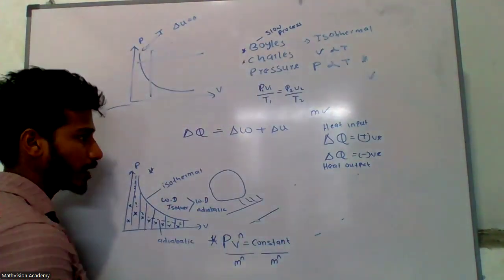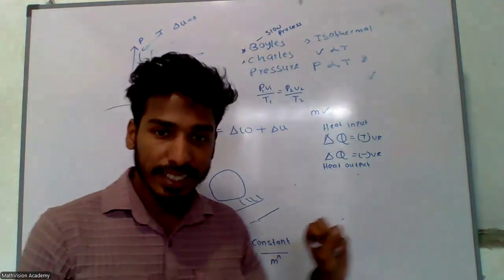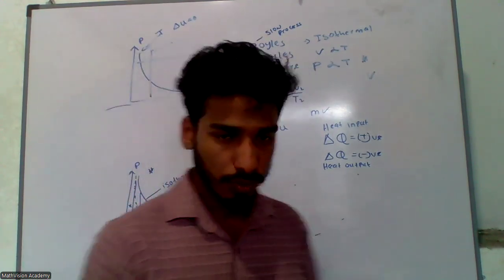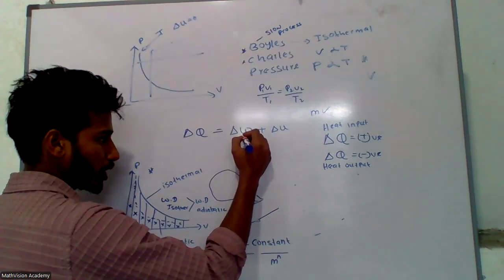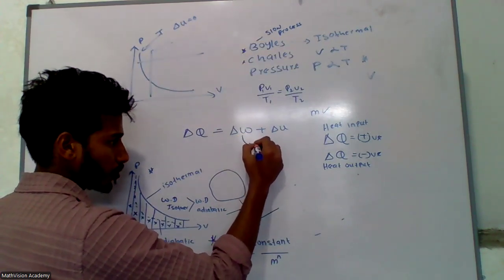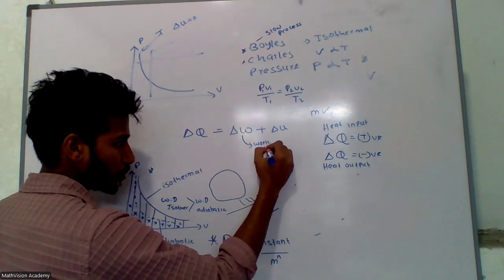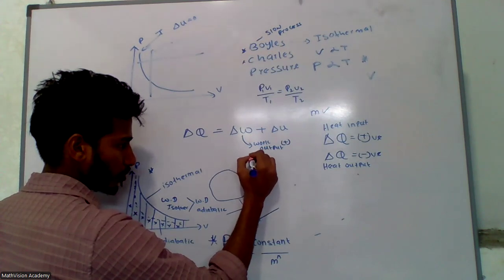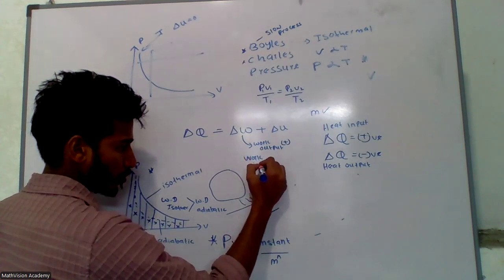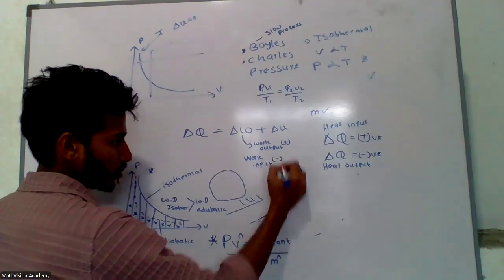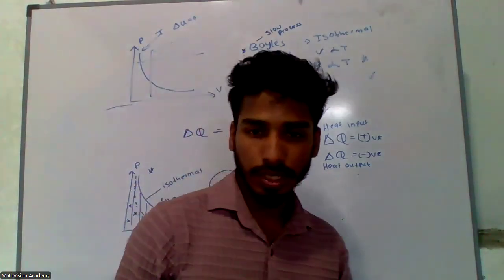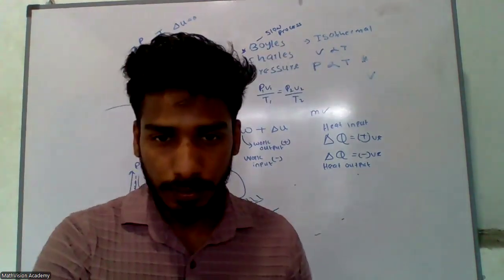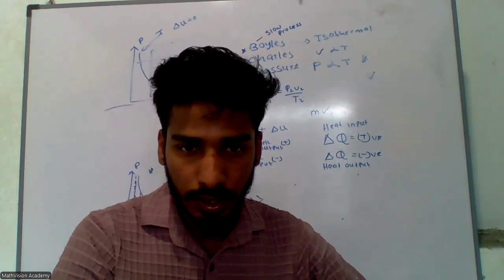And similarly, if you take the work done, if a gas is expanding, it is work output and it is positive. Work input is negative. So these are the basic sign conventions to be used in your thermodynamics equation. So just remember them.